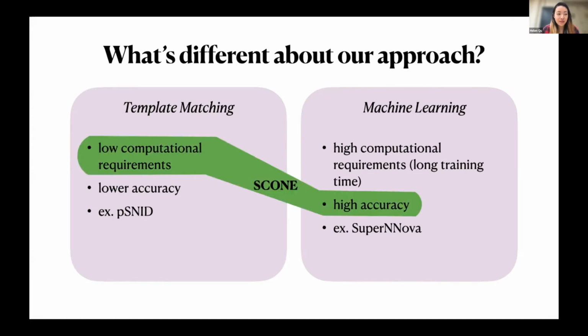So what we've developed is a classifier called SCONE, and it bridges the gap between these two approaches in the sense that it doesn't require a very long training time, and it also has good accuracy.